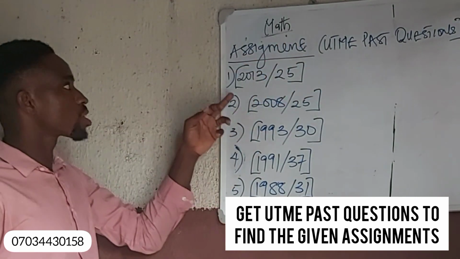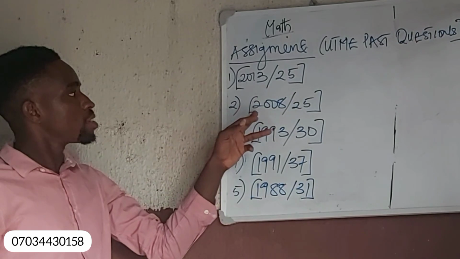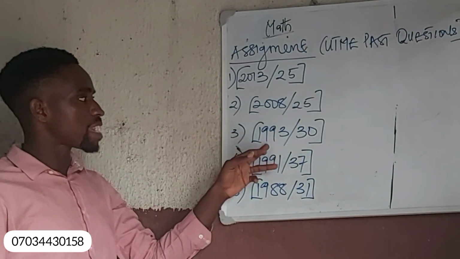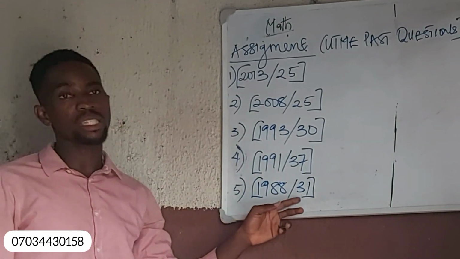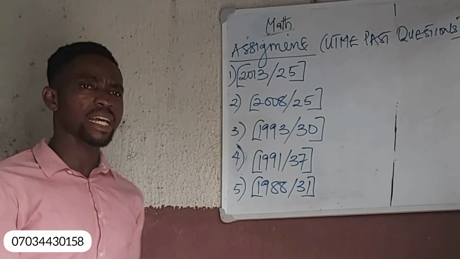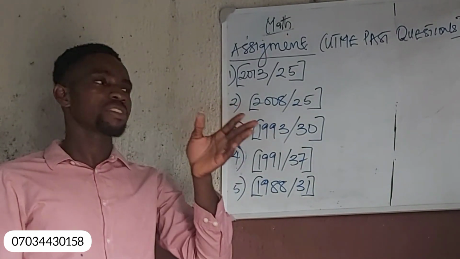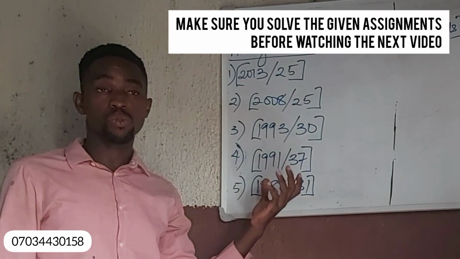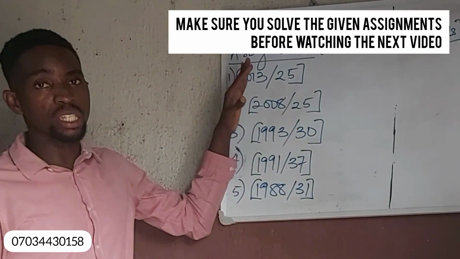UTME past questions: 2013 is number 25, 2008 is number 25, 1993 is number 30, 1991 is number 7, and then 1950 is number 1. Find these questions, attempt them, solve them on your own, and before you watch the next video, please don't watch it until you attempt these questions. In that next video, I will provide a solution to these questions.